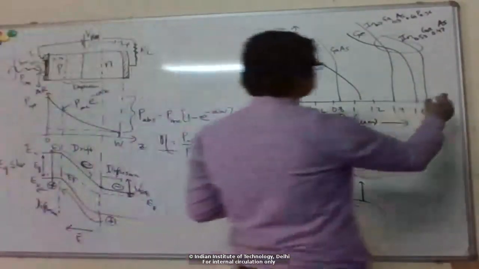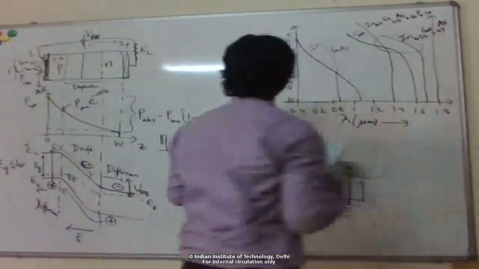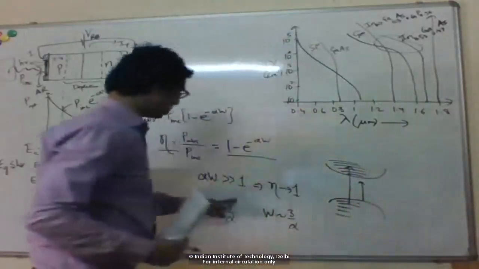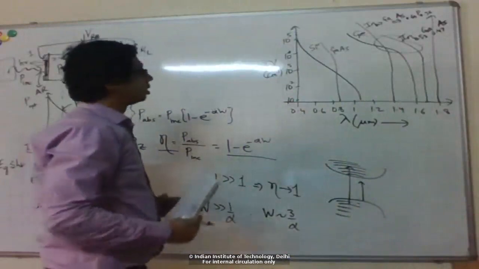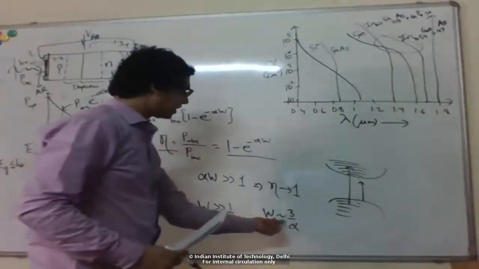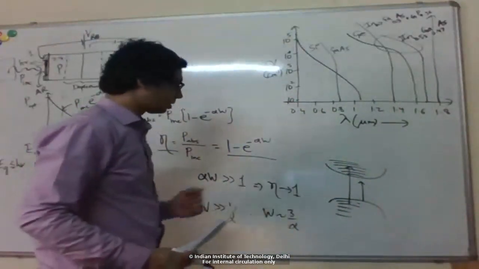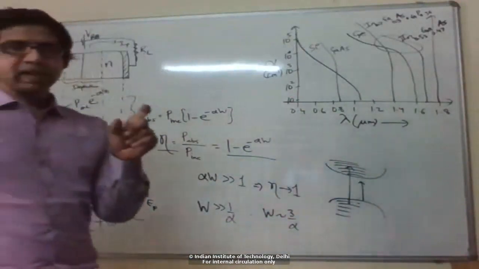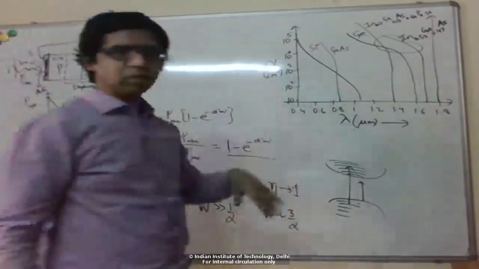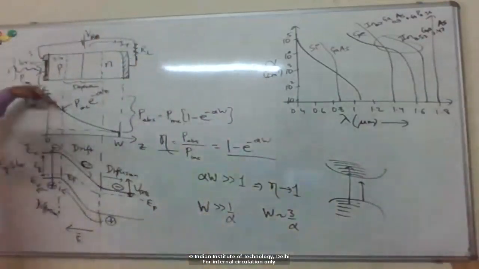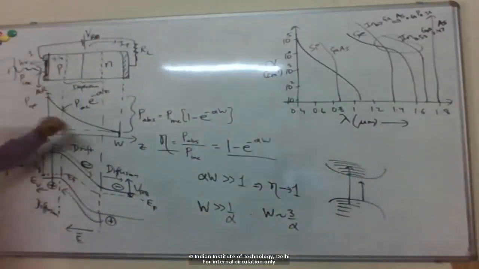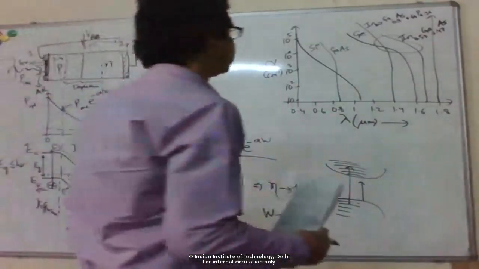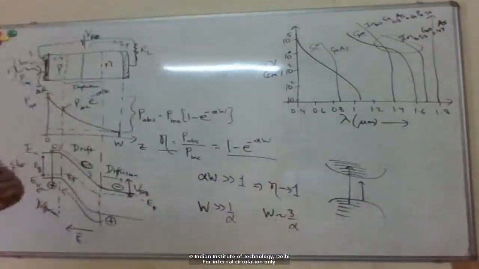Okay, equivalently I can plot 1 over alpha, which is known as the penetration depth. Basically, we want the width of the device to be, let's say, 3 times the penetration depth. A higher alpha means a smaller 1 over alpha, which means the power is absorbed very quickly, so I can make a thinner device, which is also helpful in terms of response time.